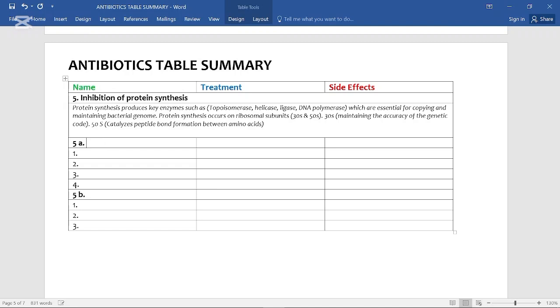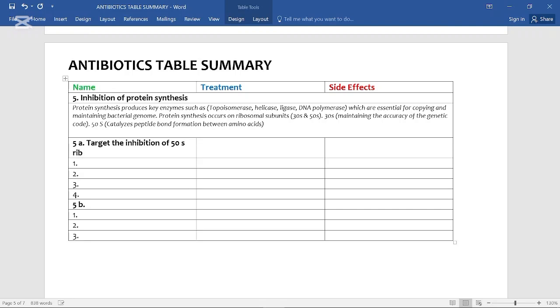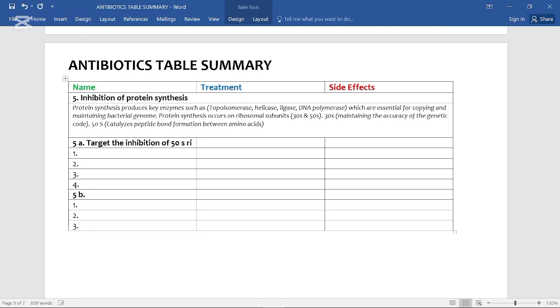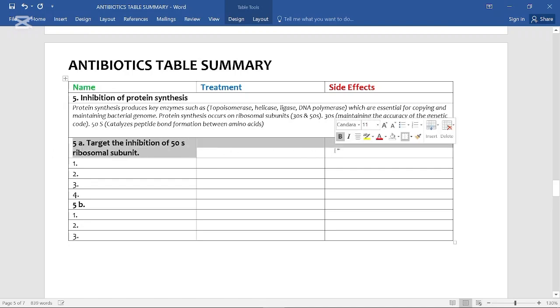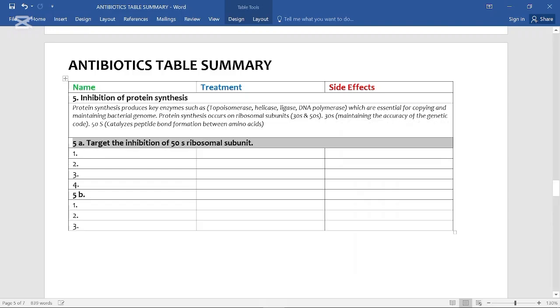So let's begin with the first one: those that work by targeting the 50S ribosomal subunit.